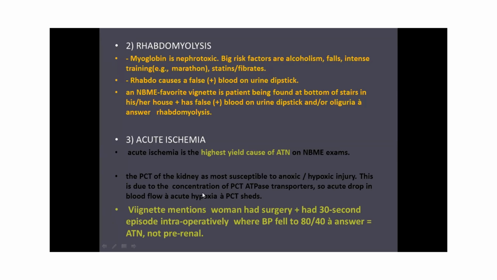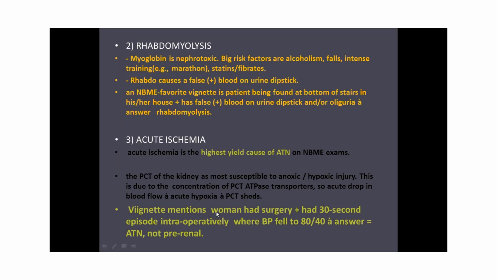This is due to the concentration of ATP transporters in the proximal convoluted tubule. So whenever there is a sudden acute drop in blood flow, acute hypoxia results in the proximal convoluted tubule shutting down, and that necrosis results in this condition.